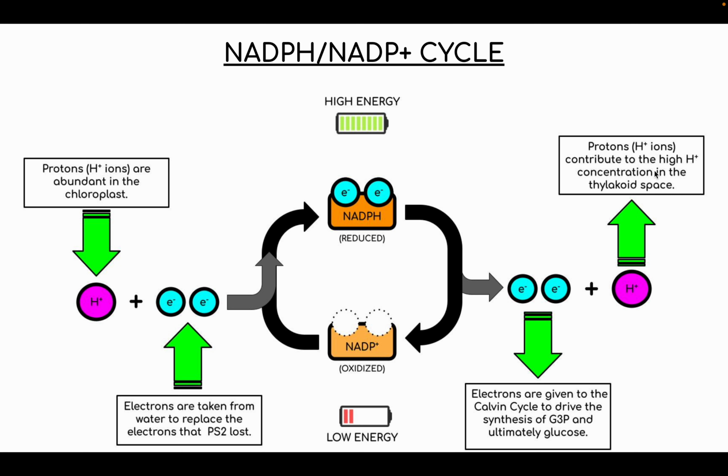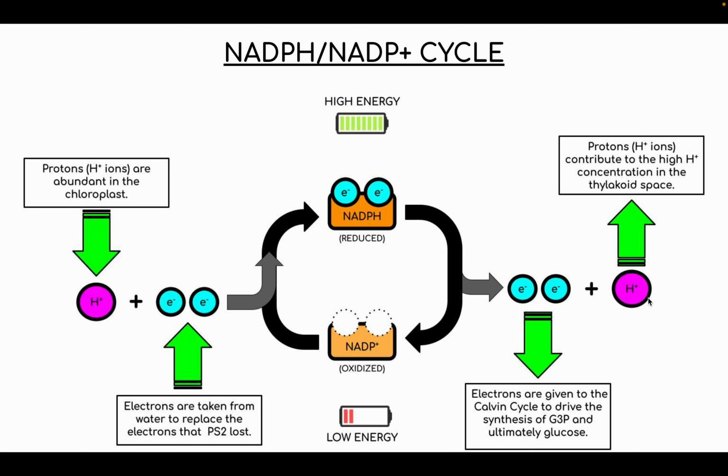This hydrogen ion can go back to the thylakoid space, and it would do that by going through the proton pump. Remember, this proton has been lost outside of the thylakoid space.